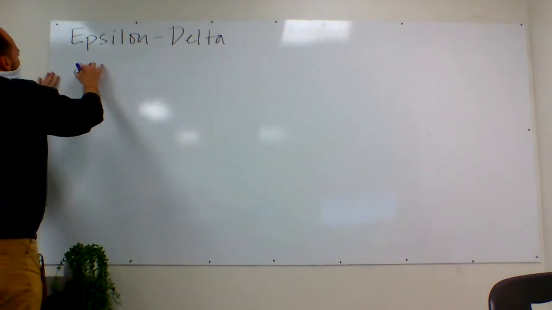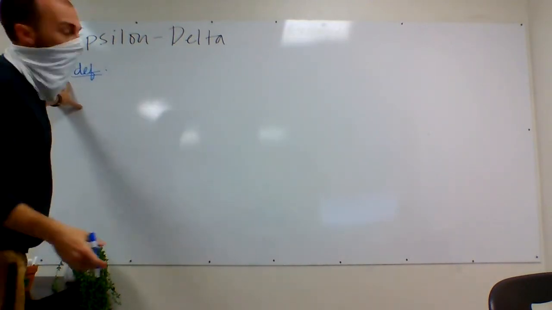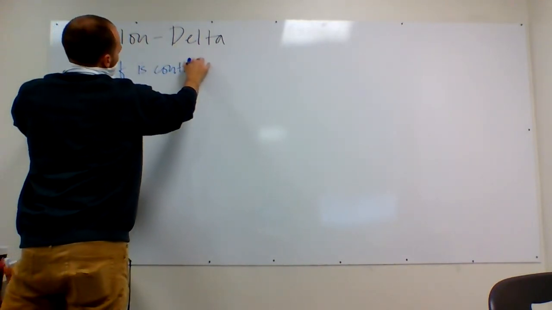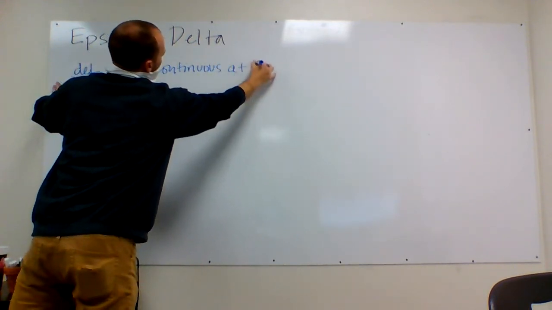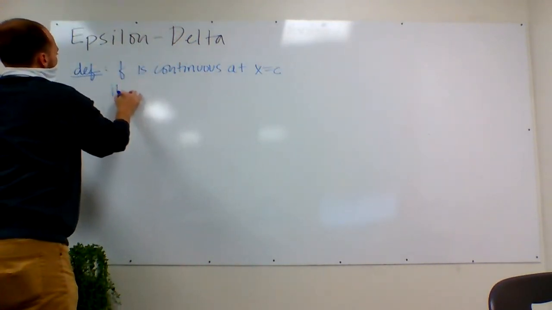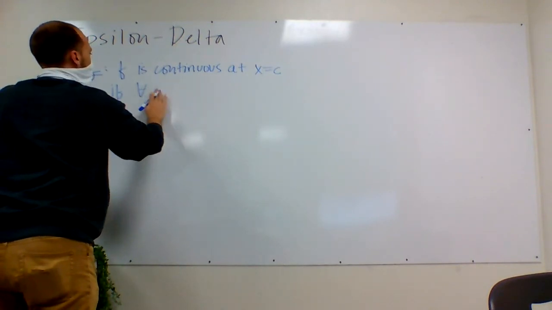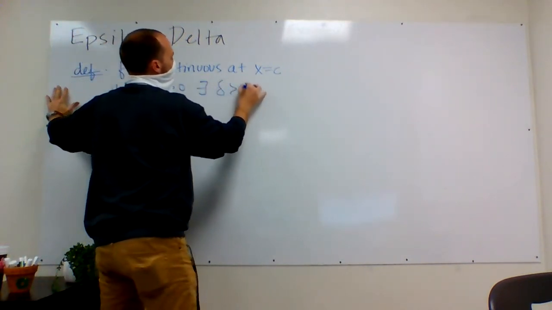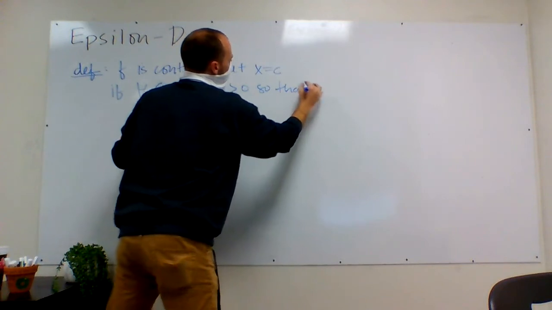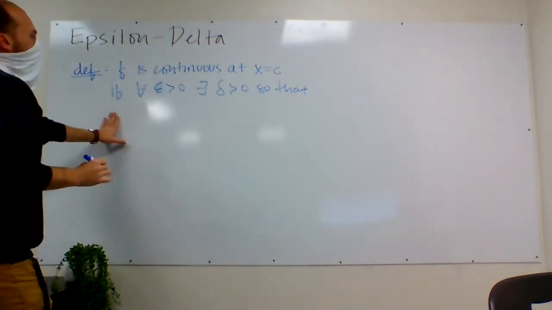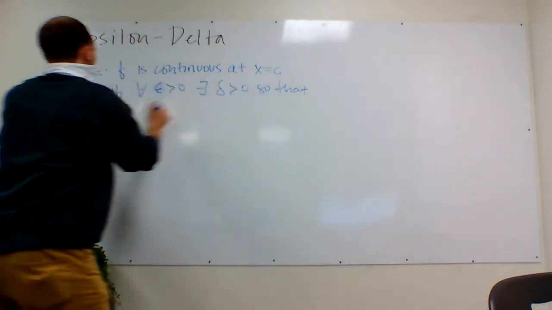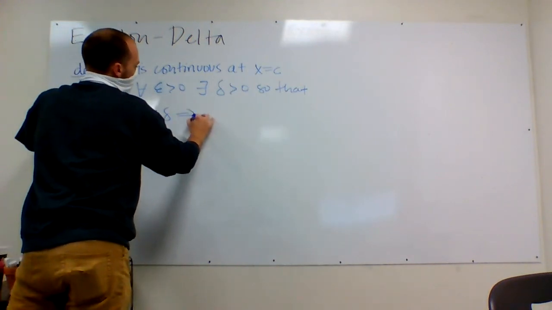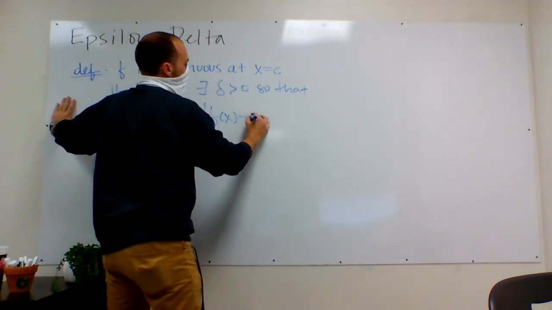I'm just going to throw down the definition, and then I'm going to end the video. So f is continuous at x equals c if for every epsilon greater than 0, there exists delta greater than 0, so that if x is within delta of c, then it must be the case that f of x is within epsilon of f of c.